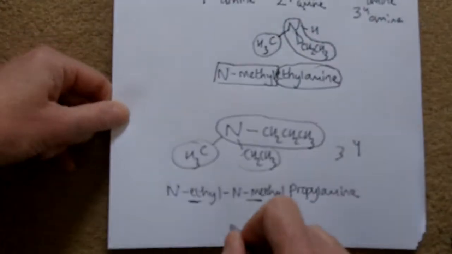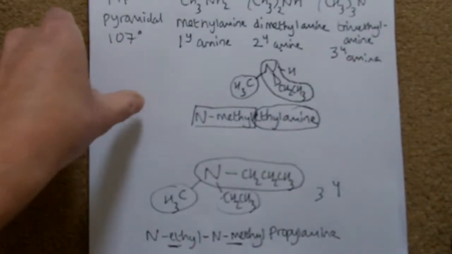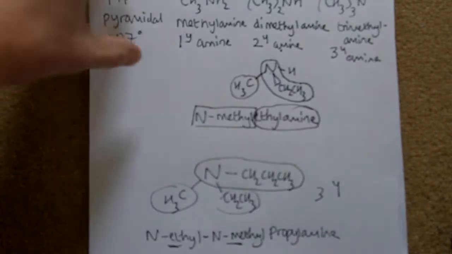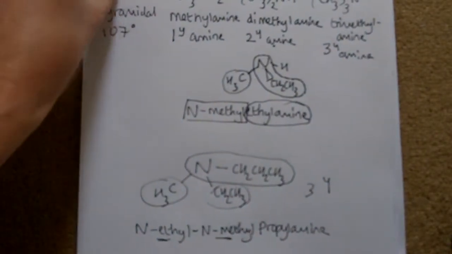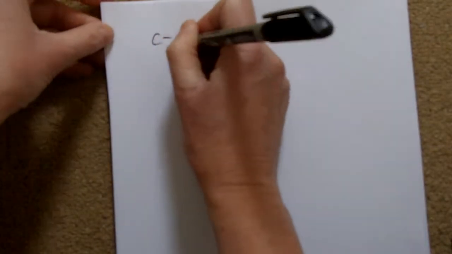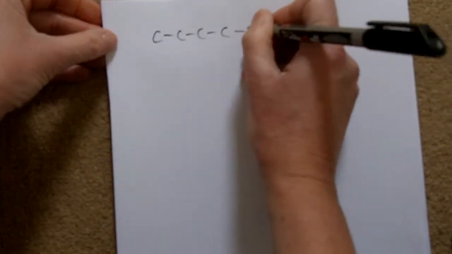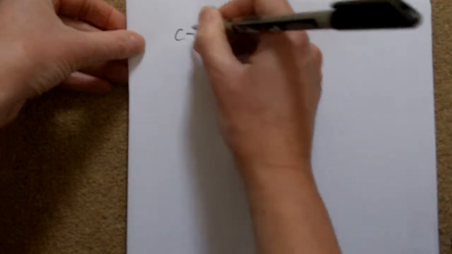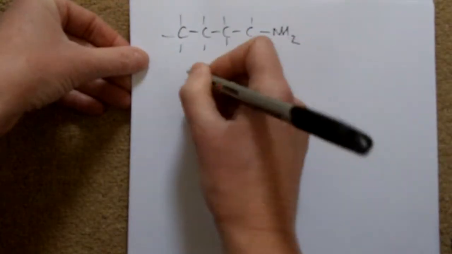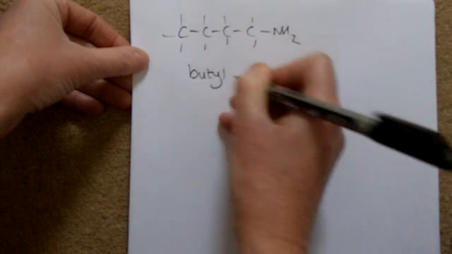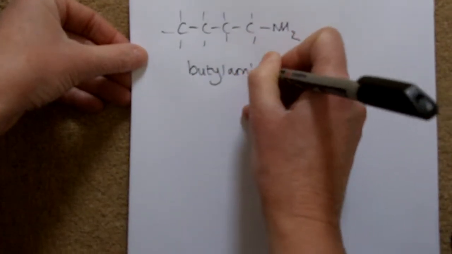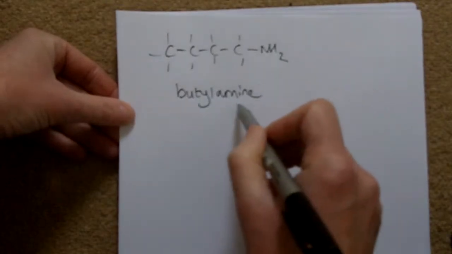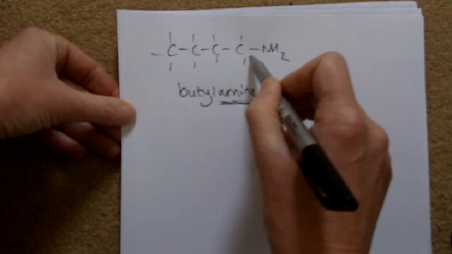Okay, finally, before we move on from naming, another thing with naming: if you take something like this, say maybe you've got 4 carbons with all the hydrogens, 4 carbons would be called butylamine, but you only use this when it's on carbon 1.